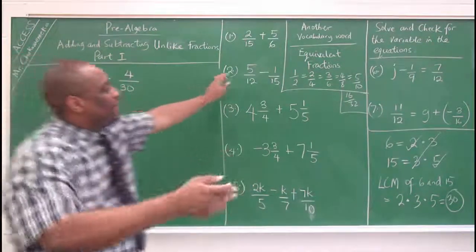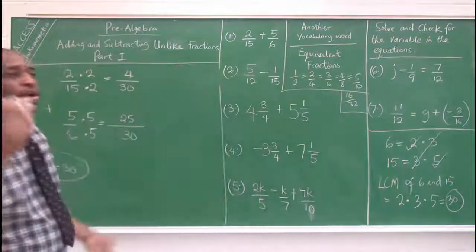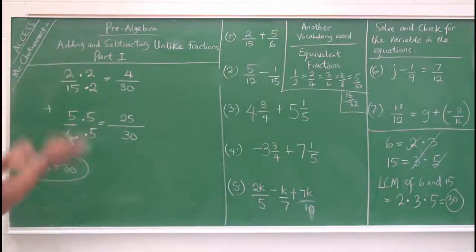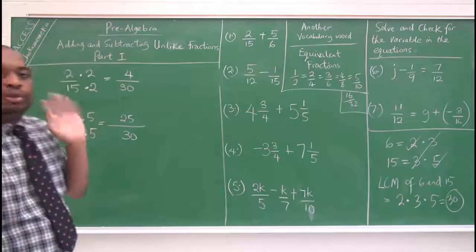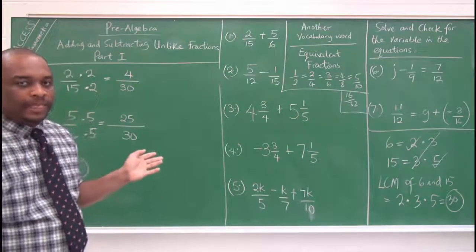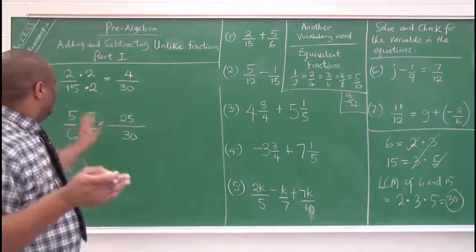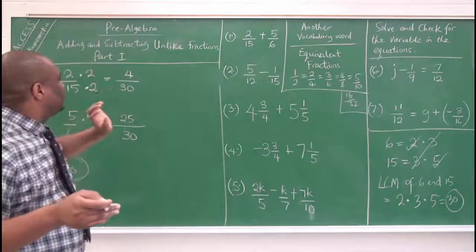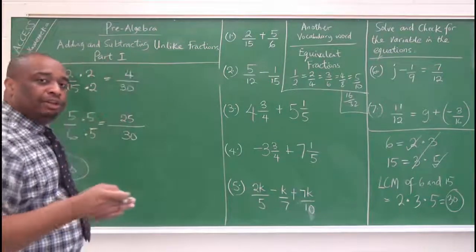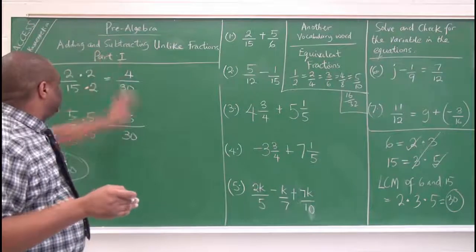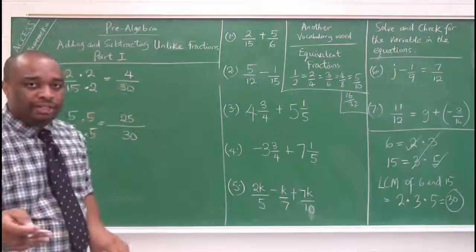Okay? It's still the main fraction. They are all equivalent fractions. So we found the LCD first. Then we found an equivalent fraction of the original. So we've made the unlike fractions to be like fractions.